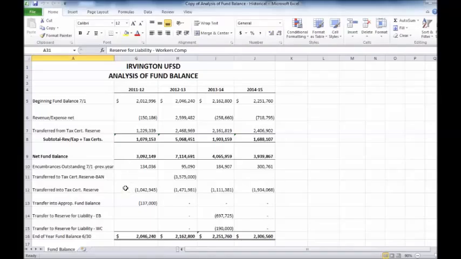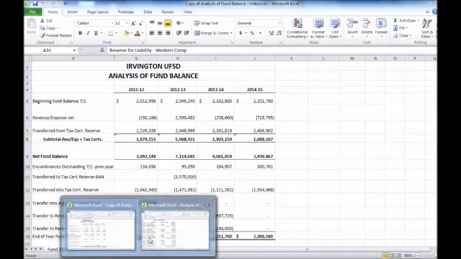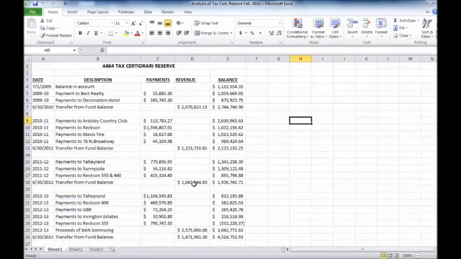The next line down under transferred into tax cert reserve is how you have expended the extra that is in your fund balance for that respective year. You'll notice in 11-12 the $1,042,000 ties in with the detail from the tax certiorari reserve right here.